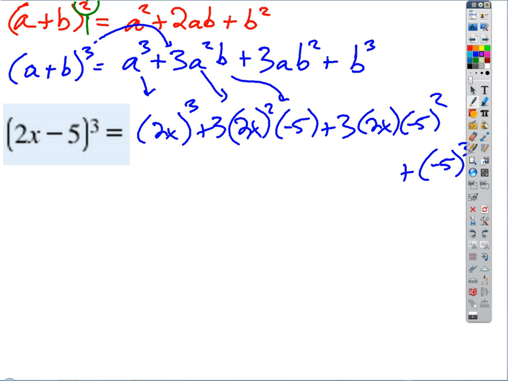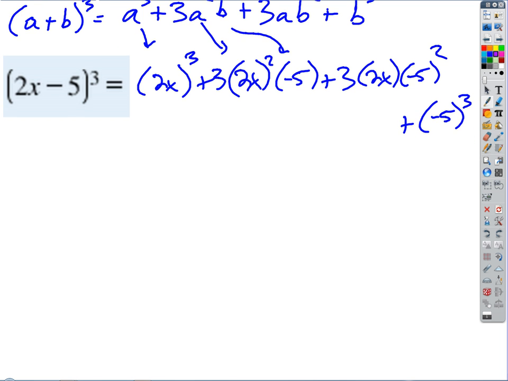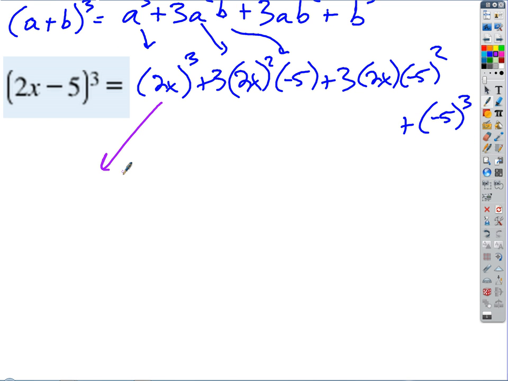So what do we get? 2x cubed, I have to distribute the 3, don't I? I have to cube both the 2 and the x. So that just becomes 8x cubed. What about this? I'm going to get 3 times 2 squared, which is 4x squared, times 3 times negative 5. 12 times negative 5 would be negative 60x squared.